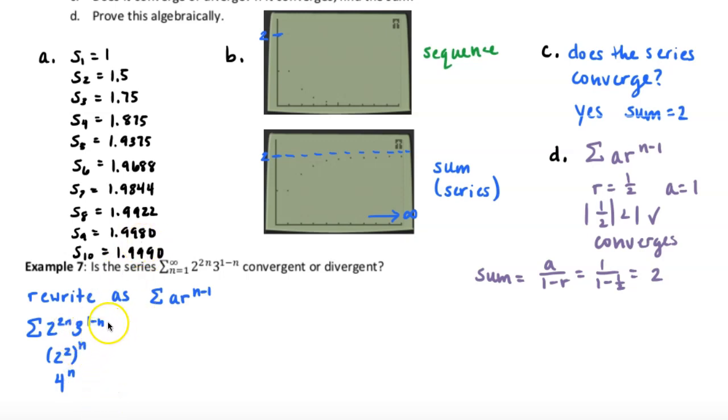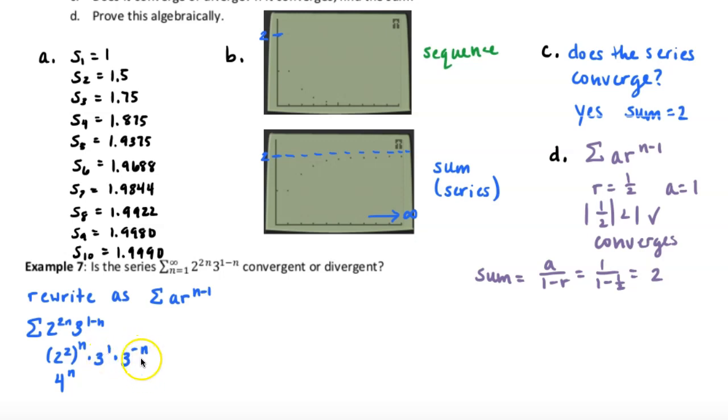Now this 3 to the power of 1 minus n, I can say I'm multiplying this by 3 to the power of 1 times 3 to the power of negative n. All right. Now I want this n to be positive. So how can I get this exponent to be positive? Well, maybe I can throw it in the denominator.